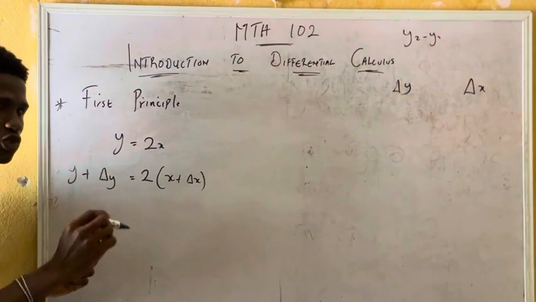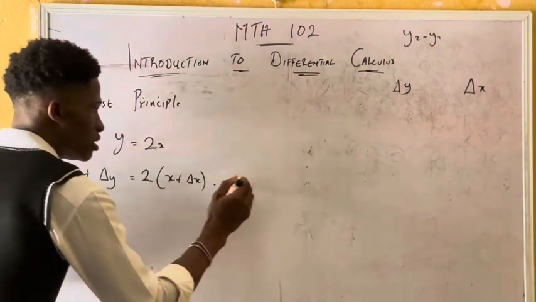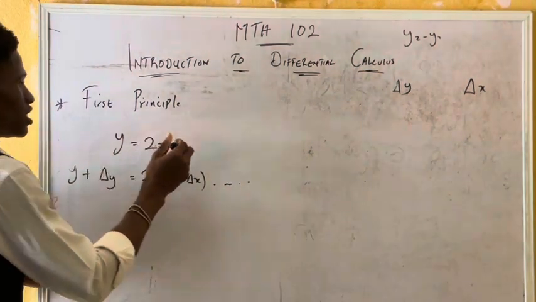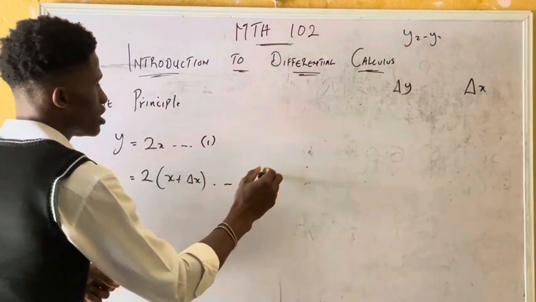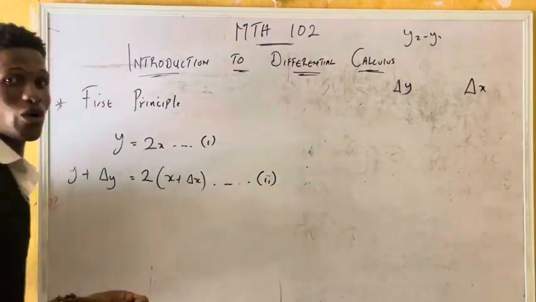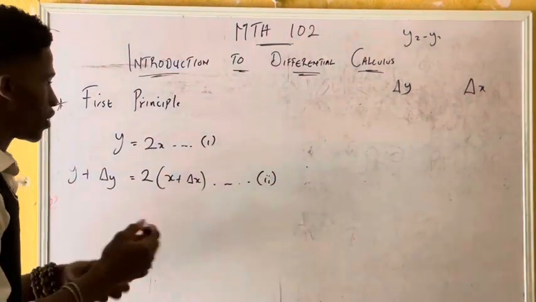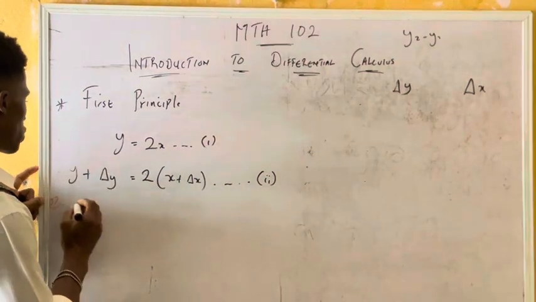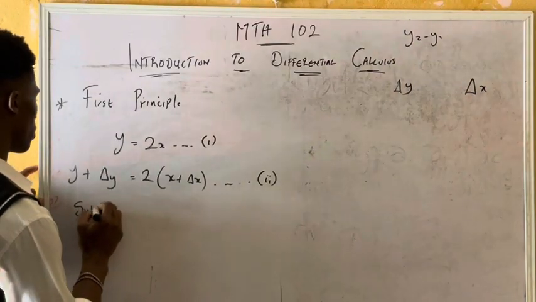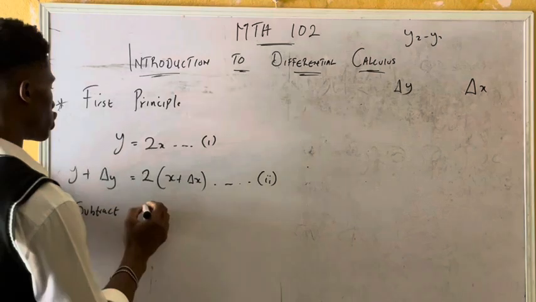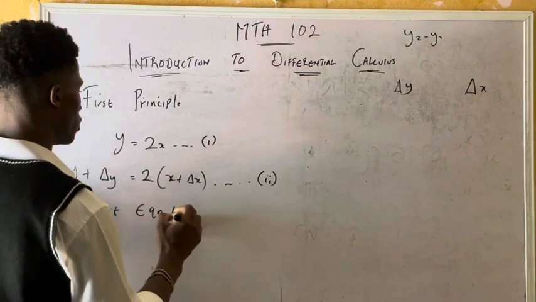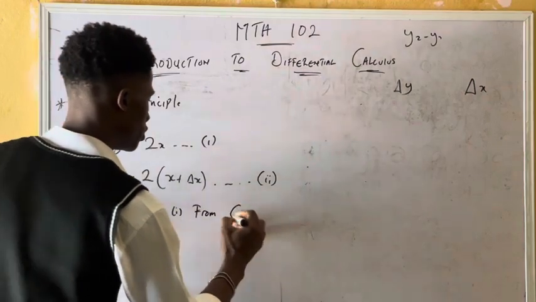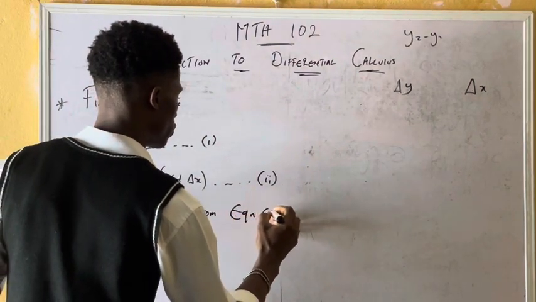Now, the next thing to do after understanding this aspect is to subtract. This is equation 1 and this is equation 2. We are going to solve more examples. So the next thing to do is to subtract equation 1 from equation 2.